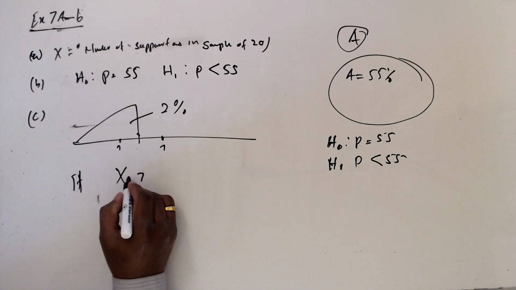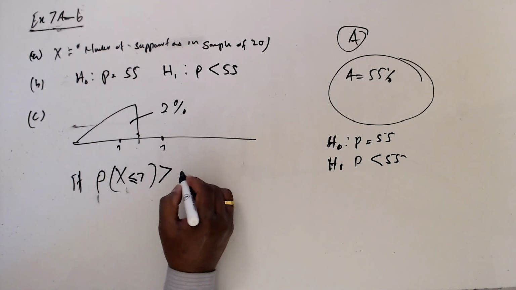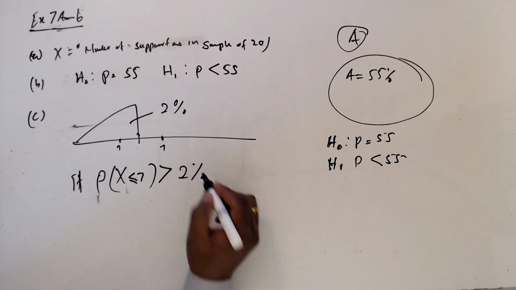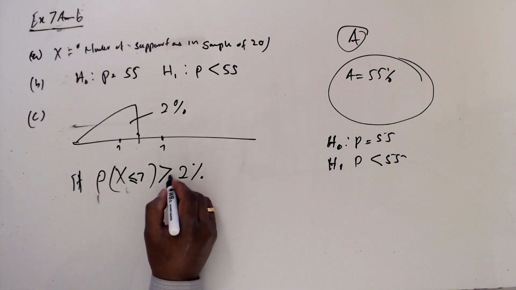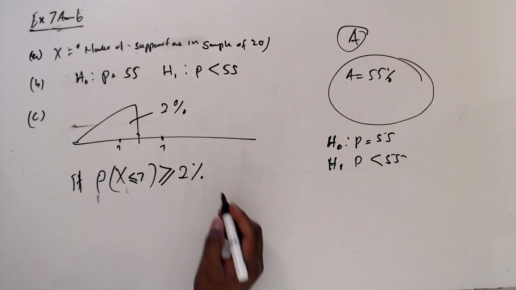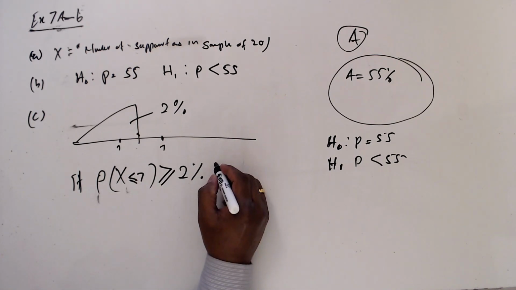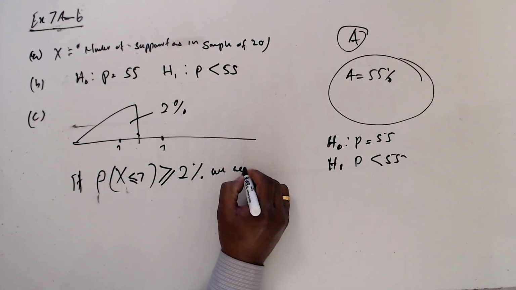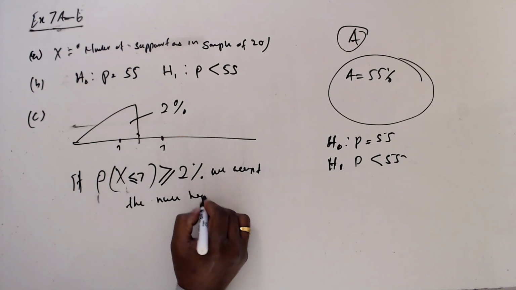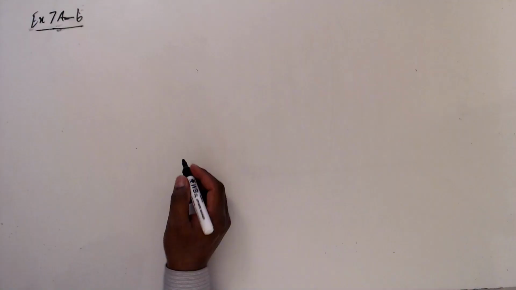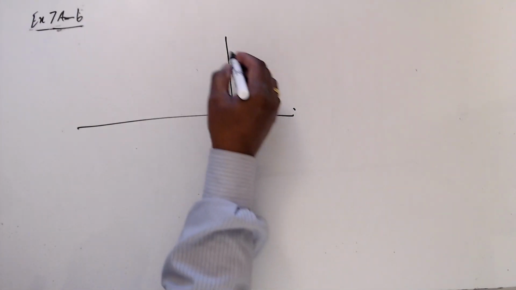If the probability of X less than or equal to 7 is greater than 2%, then we accept the null hypothesis.